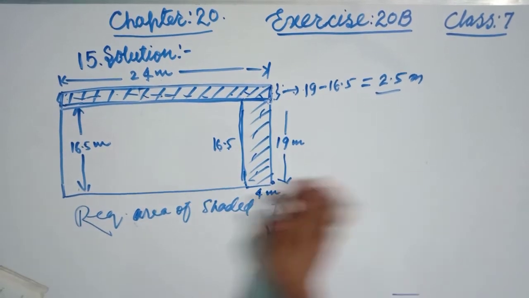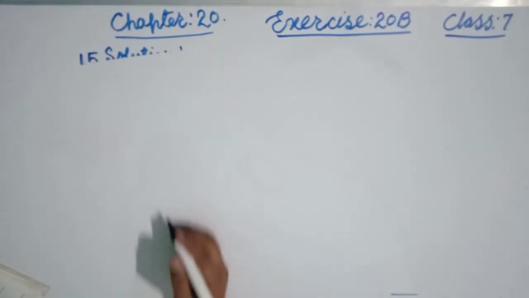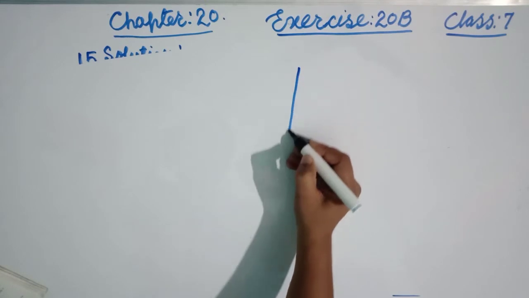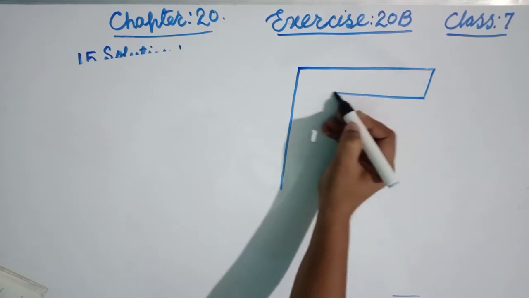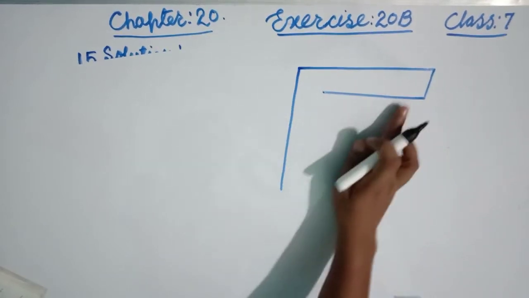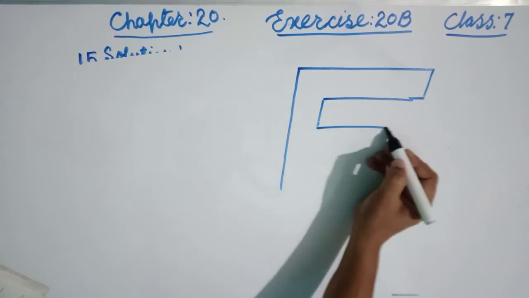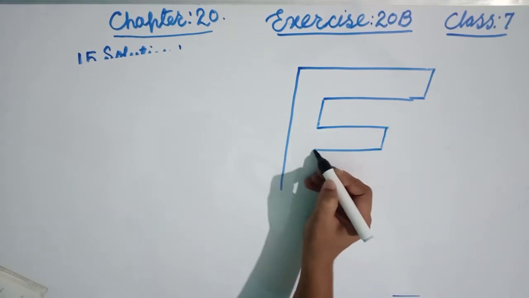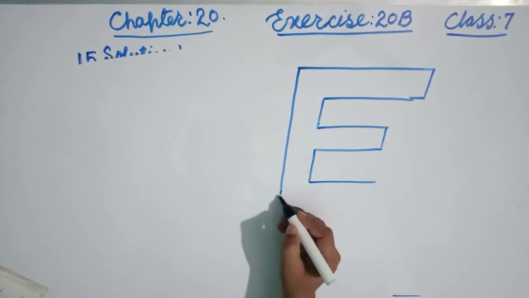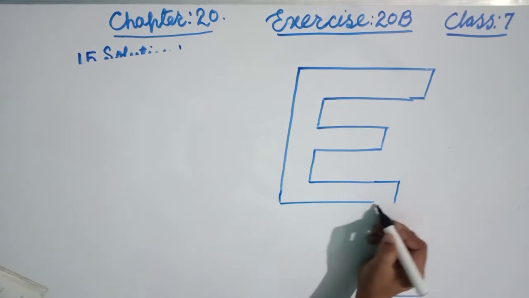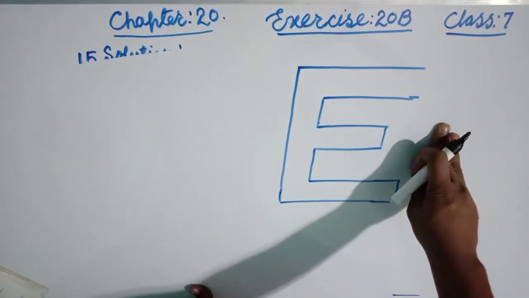Now friends, the figure is the same, this is an E shape, and here we have to find the area of the shaded portion.